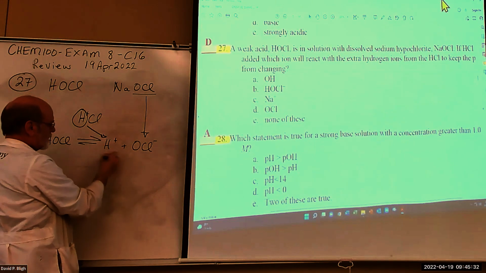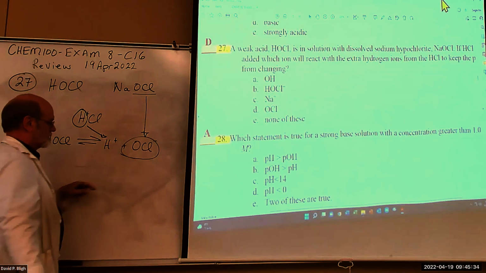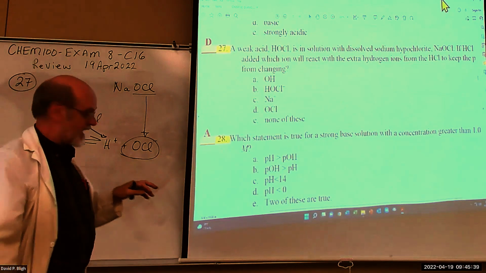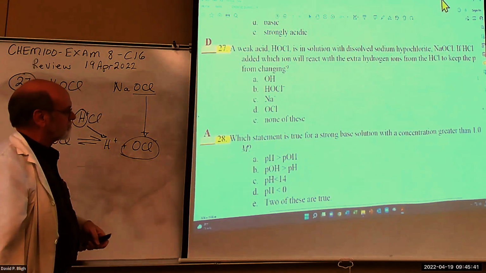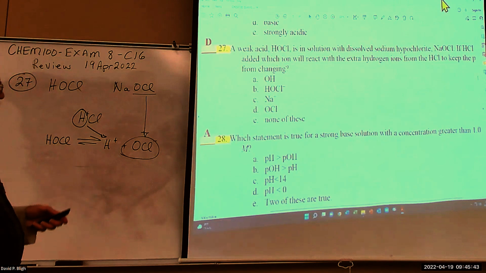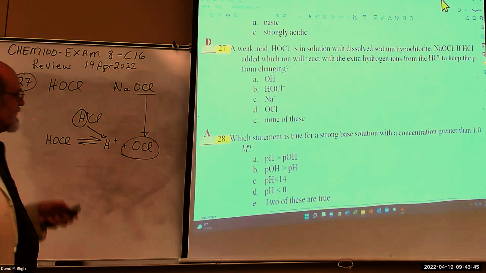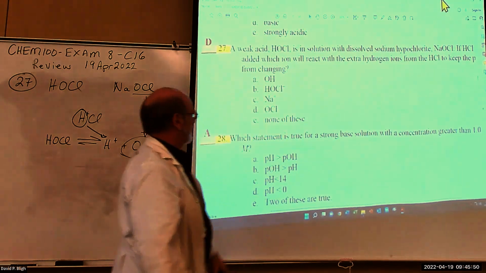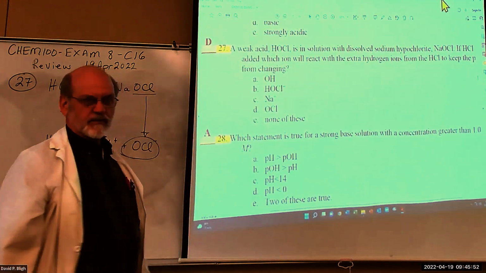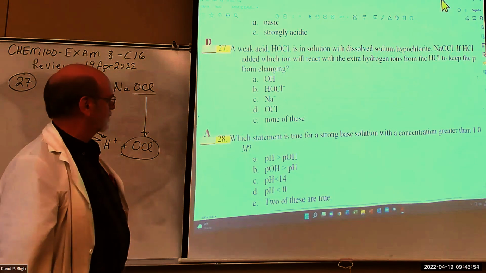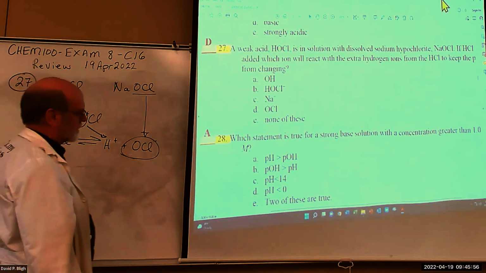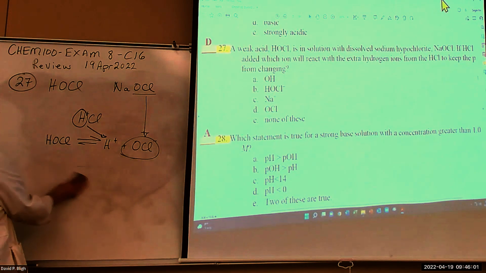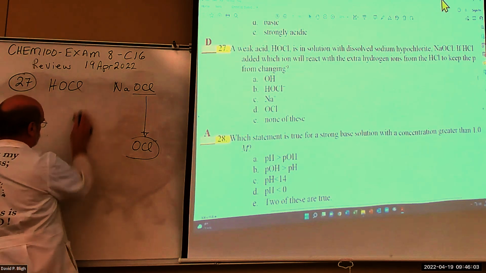Well, it's going to react with this one and move backwards. According to Le Chatelier, it has to go back this way. So the answer is D. There's supposed to be a minus here. I think there's something wrong with the projection. It just doesn't like some of my negative signs. That was 27.